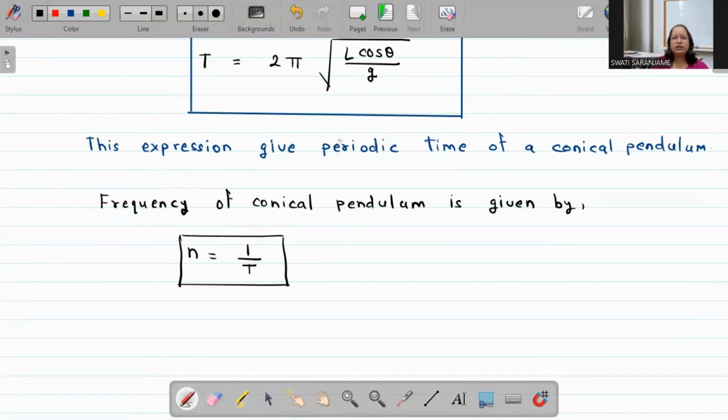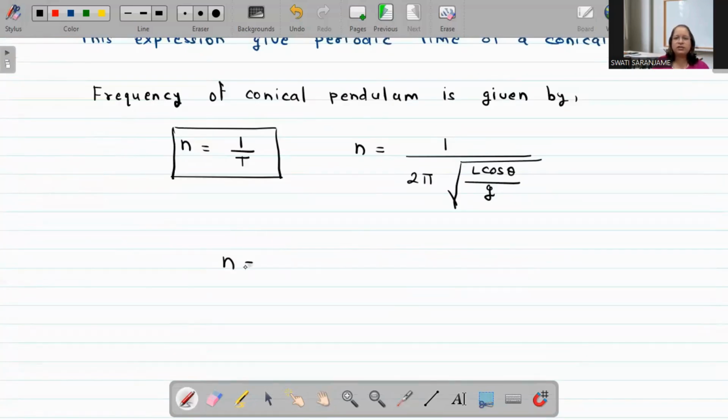But using this expression, what we can write, n is equal to 1 upon, if we substitute the expression of T over here, it will look like 1 upon 2 pi under root L cos theta by g. So when you rearrange this equation, it will look like n is equal to 1 upon 2 pi multiplied by under root g by L cos theta.